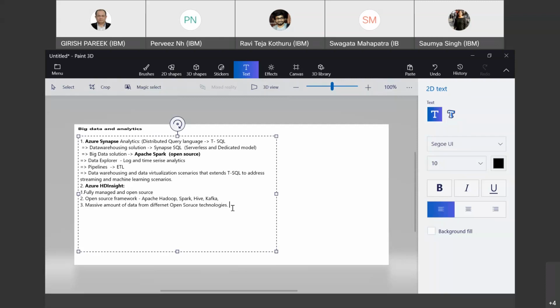So, as I mentioned, it supports you to process a massive amount of data. Some examples I have given: you will be able to process the data using Hadoop. Hadoop is a complete system for big data analysis. Spark is a different system altogether for big data analysis. Hive, Kafka, Zookeeper, and so on.